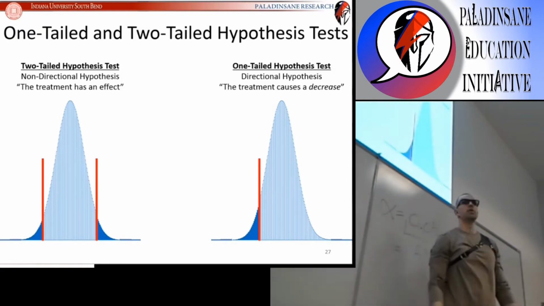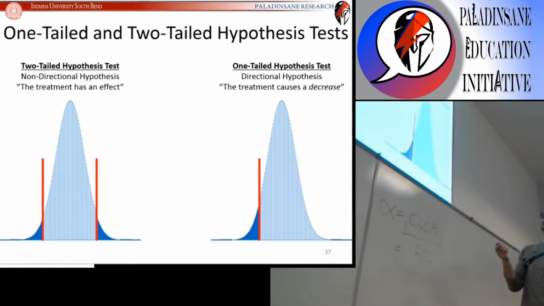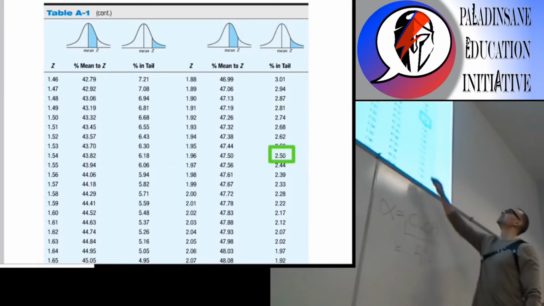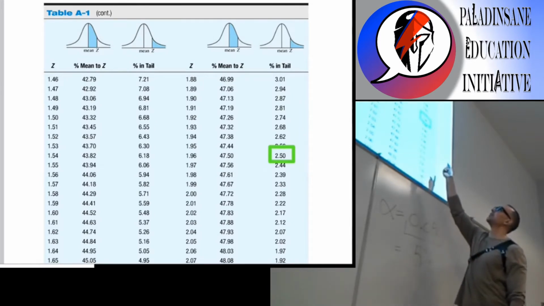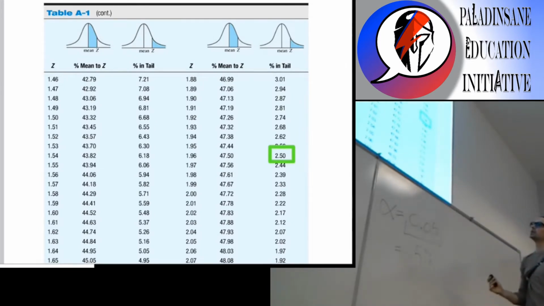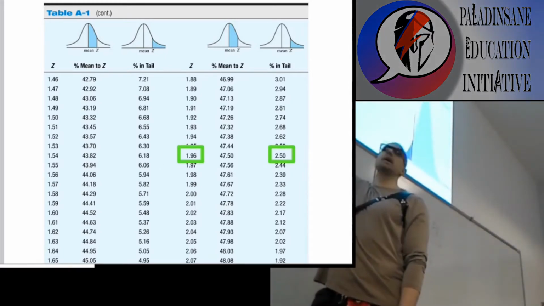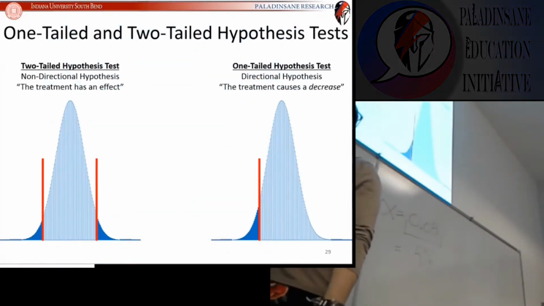If you have to split up your alpha, you split it up. So we put 2.5 here, we put 2.5 here. We go to our table, we look up 2.5. It's right there, nicely, actually 2.5 this time. We look up 2.5% in the tail. We go over to the z-score associated with that. That is 1.96. So this is positive 1.96. This is negative 1.96.